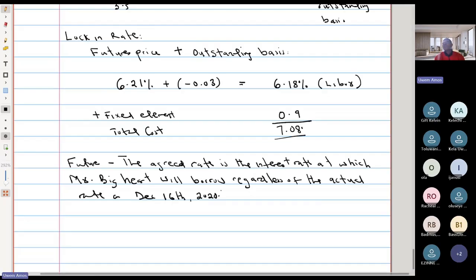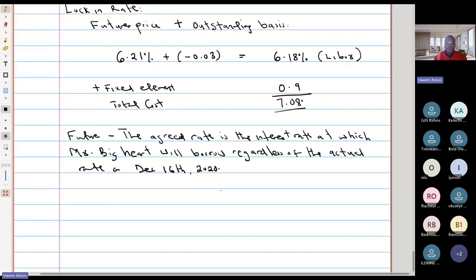Now, there is a problem with this. And I want to believe you can see the problem as well. Mr. Bigard must borrow at that rate because that is what the agreement they have entered into says. But what happens if on December 16th LIBOR, unfortunately... Mr. Bigard was initially afraid that interest rate might increase, so they went into an FRA to fix their rate.